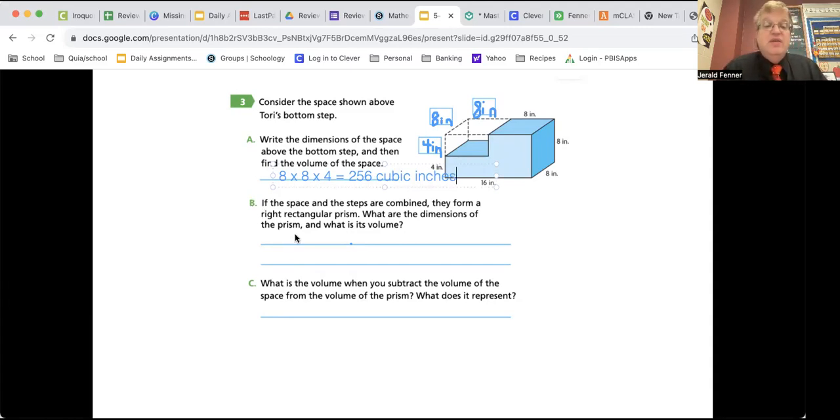So if we look back at the other volume that we just found, we see that it is 768 plus 256, and that is going to equal 1,024 cubic inches. And I'm going to just check that to make sure that is accurate.